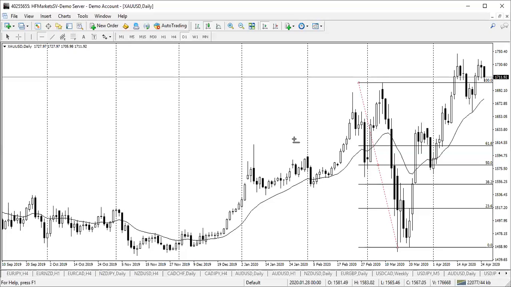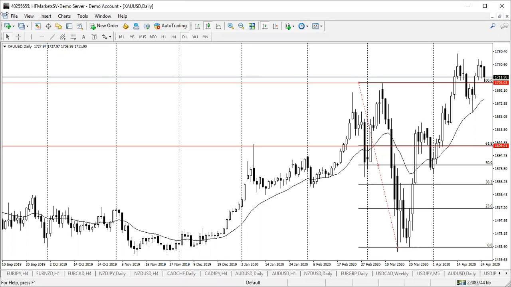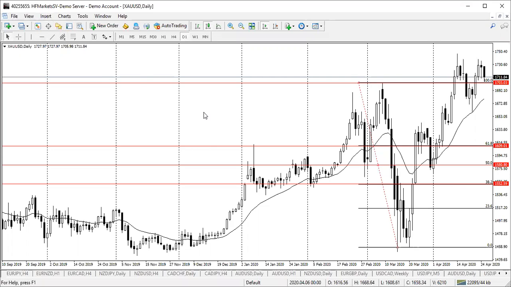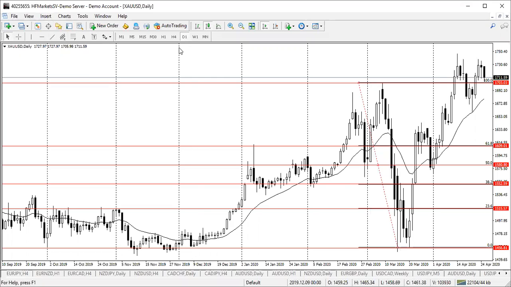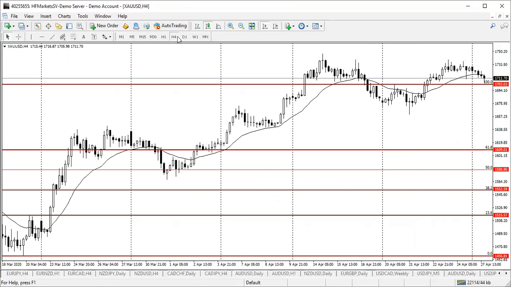And then I'm going to mark all the levels visible. Once I've done this, I can take my fib off. But then I love to probably leave it.